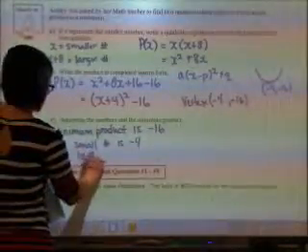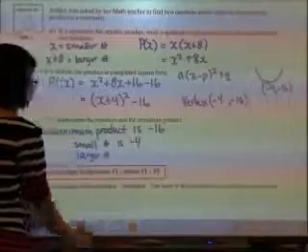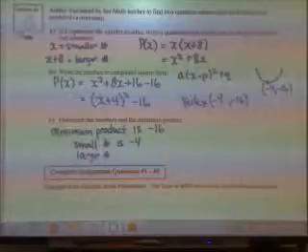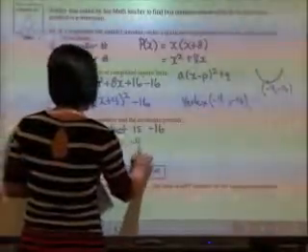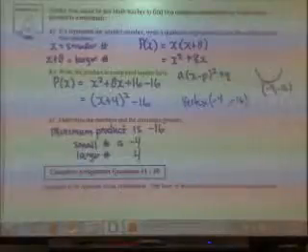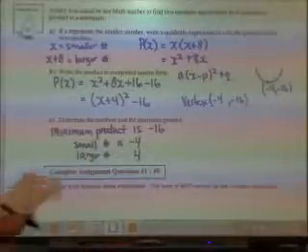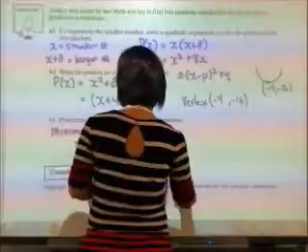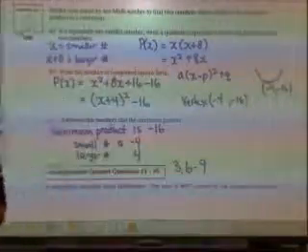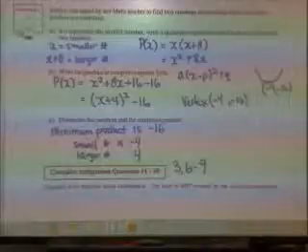And what's the larger number? 4. These two numbers differ by 8, and their product is negative 16. So question number 3, and then question 6 to 9.